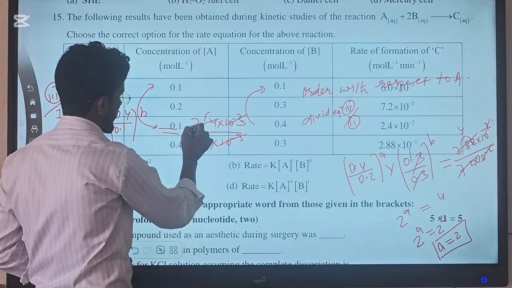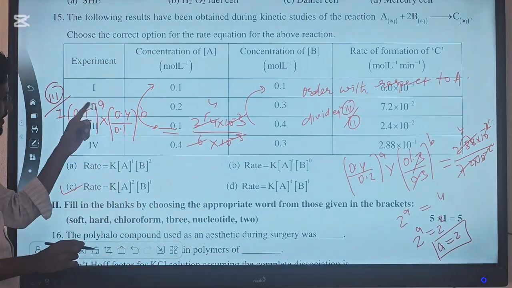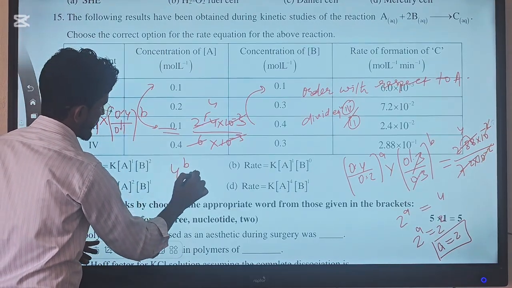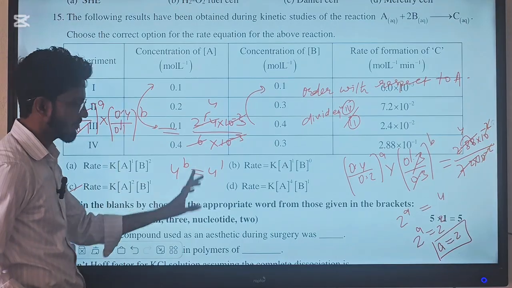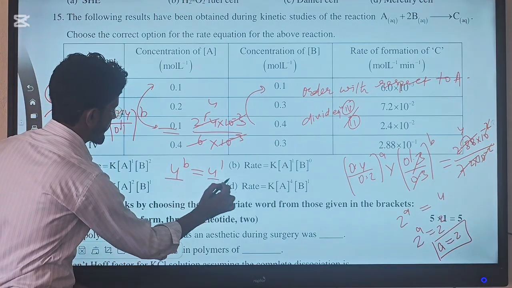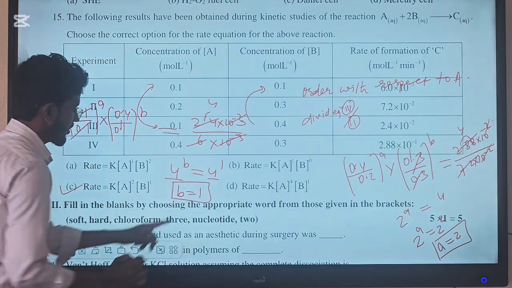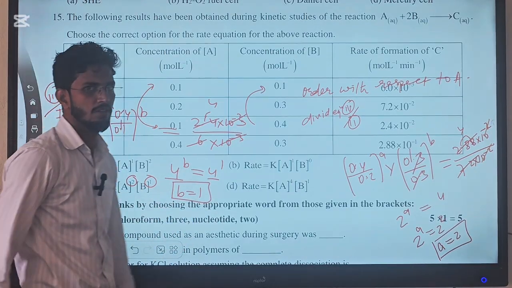This will cancel out, it cancels out in 4 times. Now 1 to the power anything will be 1, and this will be 4 to the power B. 4 to the power B is equal to 4, we can write 4 to the power 1. If bases are same, then powers will also be same. B is equal to 1. With respect to B, order is 1. With respect to A, order is 2. Answer will be C.